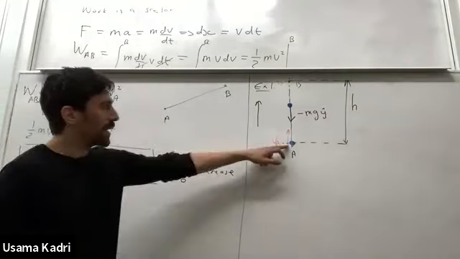The masses drop, and we find h equals VA squared divided by 2g, which is what we found in the past. But now we found it in a different way using energy considerations.